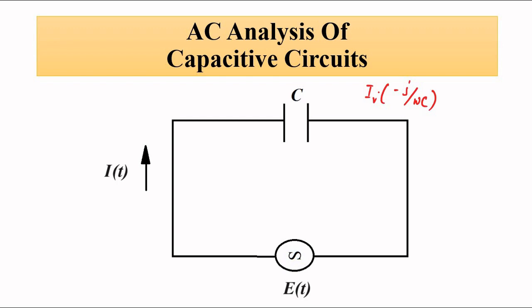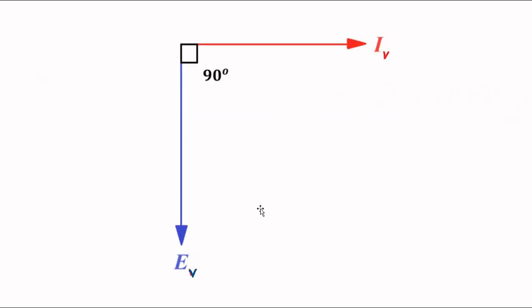This is equal to -j Iv/(omega C). This is the voltage drop across the capacitor, which is the same as the EMF, Vc equal to e(t) for the purely capacitive circuit. So in terms of phasor analysis, this is also equal to the voltage drop across the capacitor.